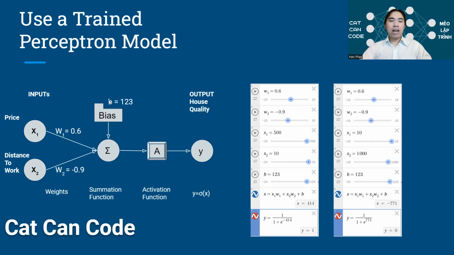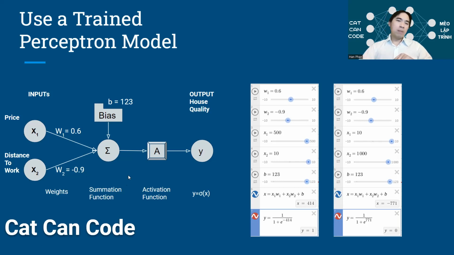We have the bias, which is 1, 2, 3. I assume that this model has been trained, so the trained value here is 1, 2, 3. And the other two parameters of the model are the weights: W1 equals 0.6, and W2 equals minus 0.9.